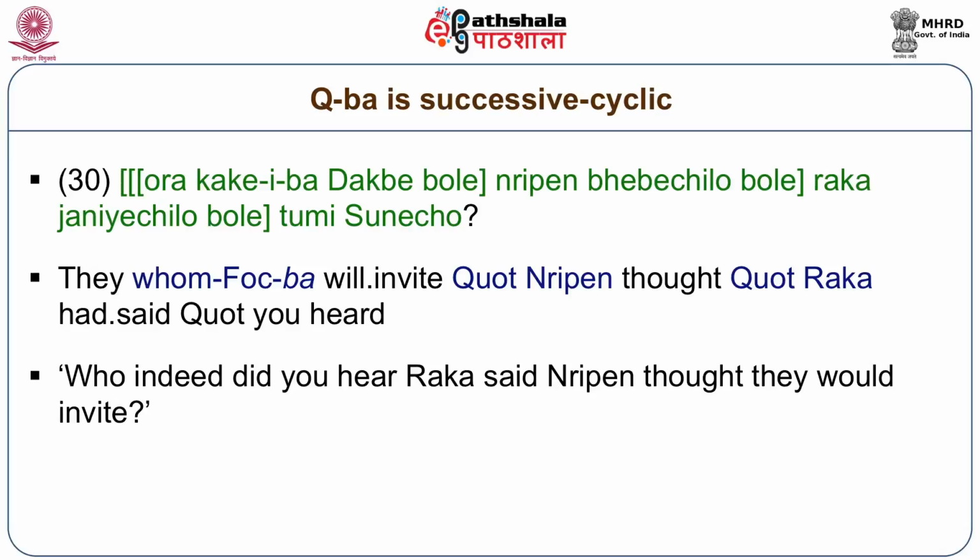The form in Bangla has the question word in its original place as the object of the lowest, most deeply embedded S. And there is a series of quotative complementizers, bole, bridging the gap at the boundary of each S all the way up.